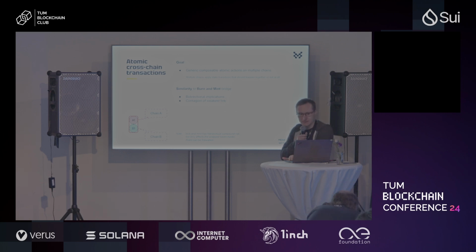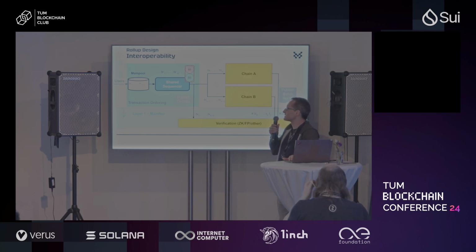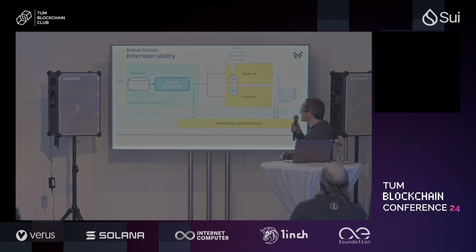But I will first go over how these atomic cross-chain transactions are processed. The user injects these transactions in the mempool, and the shared sequencer then assigns the sub-transactions to the given rollup, and so the chains receive a stream of transactions that they then process.